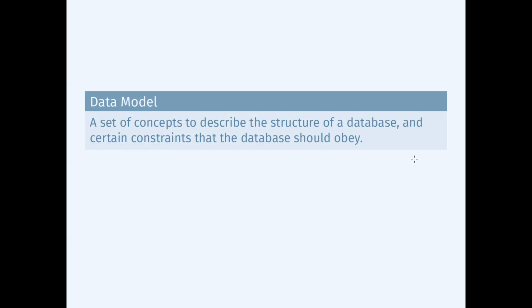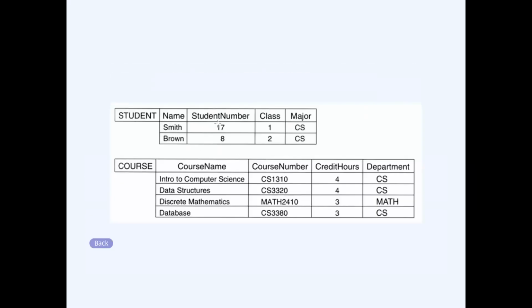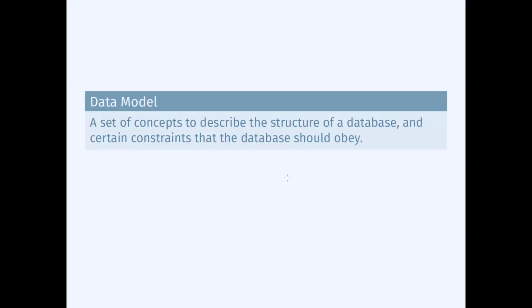As we have already seen, if you want to store data about a student, we want to keep track of several data elements, isn't it? We want to keep track of name, student number, class, major. So there's a structure, because we are going to keep four data elements. And then sometimes you need to have some constraints as well. When you put everything together, this is known as a data model.